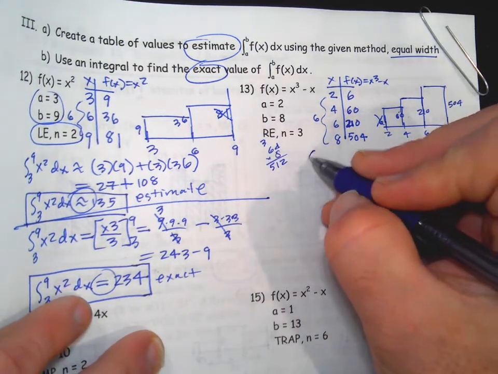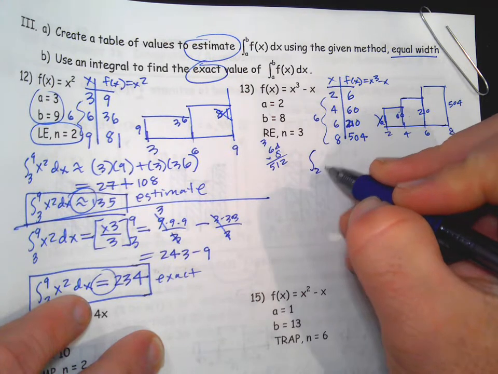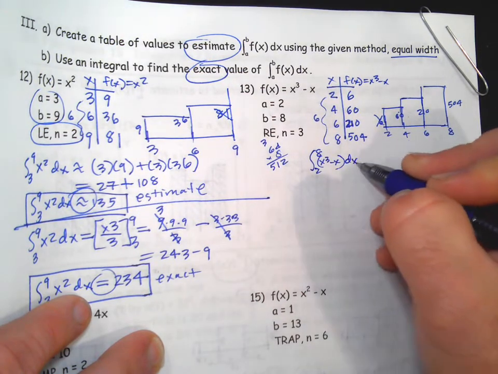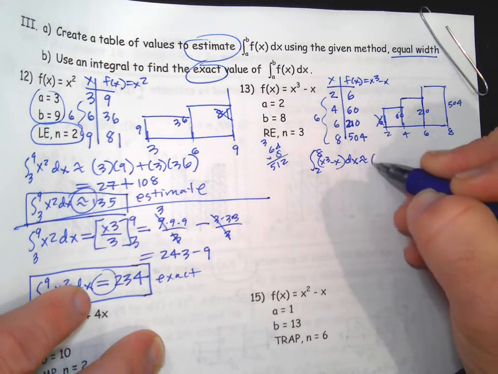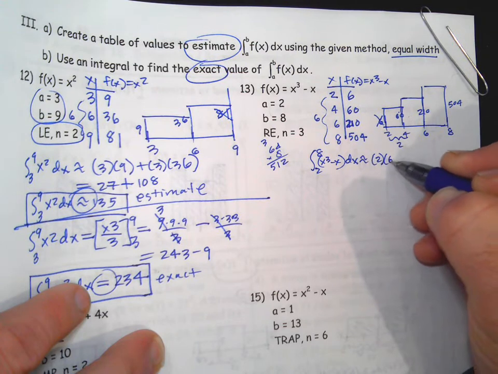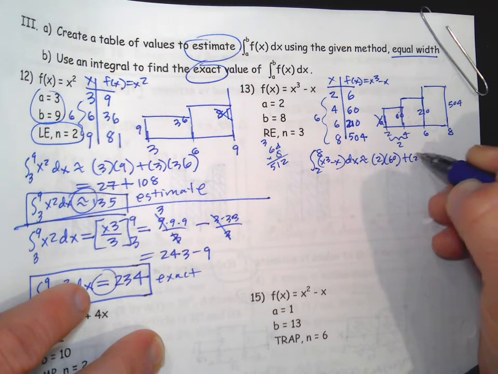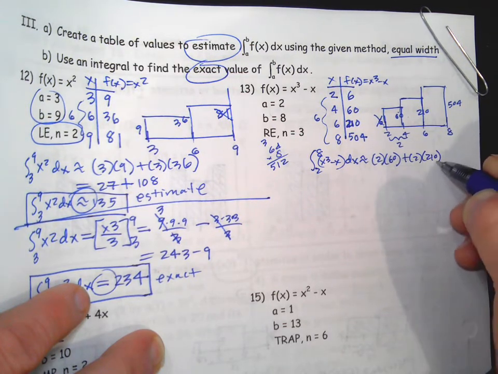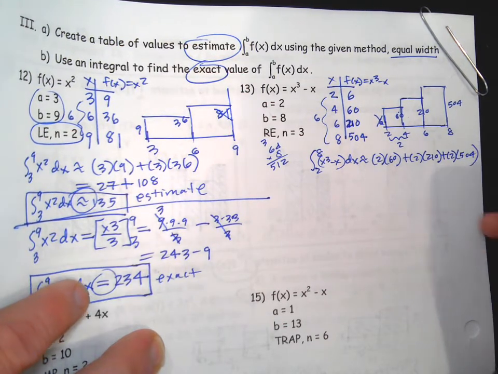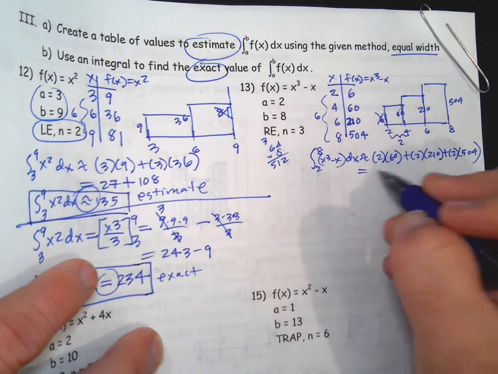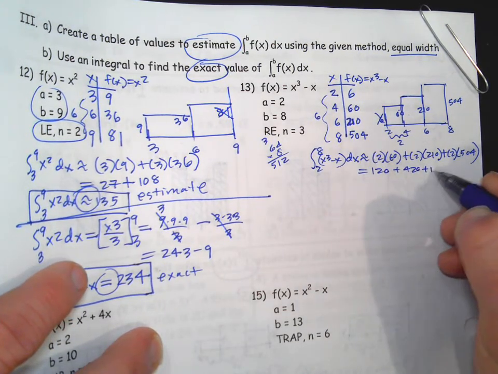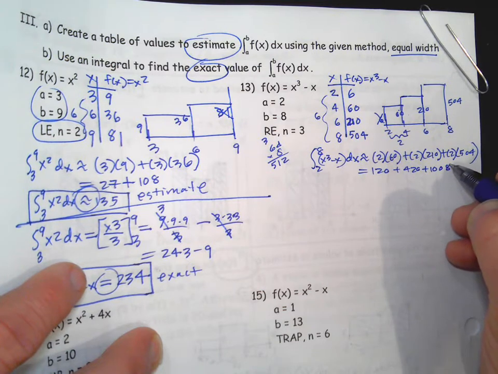So the integral from 2 to 8 of x cubed minus x dx is approximately, bases are each 2, times the height 60, base 2, height 210, base 2, height 504. So that's going to be 120 plus 420 plus 1008.